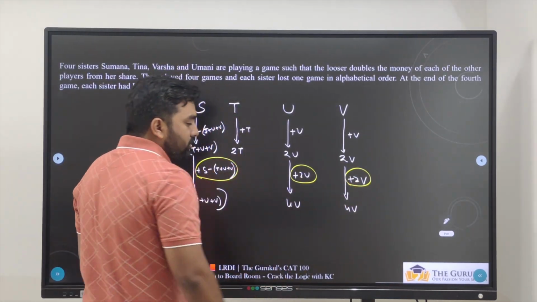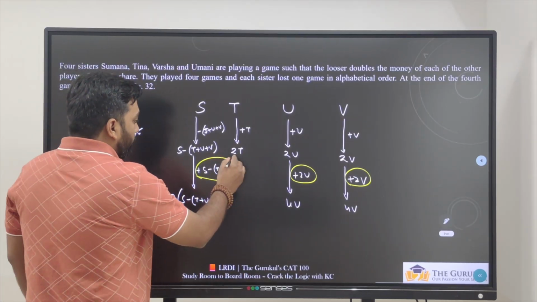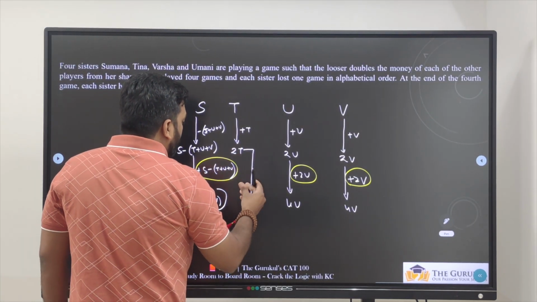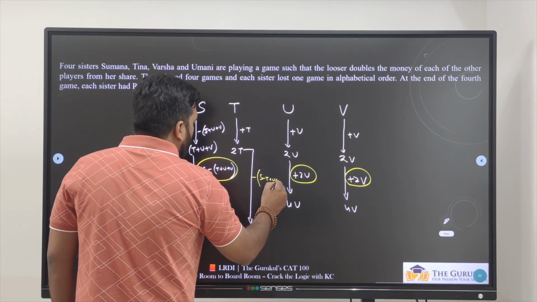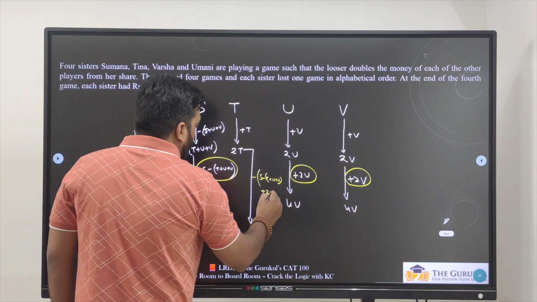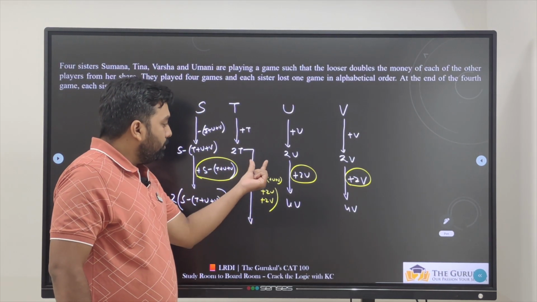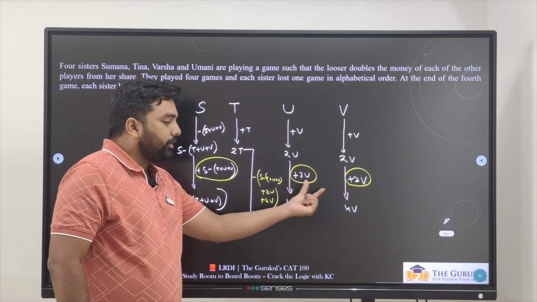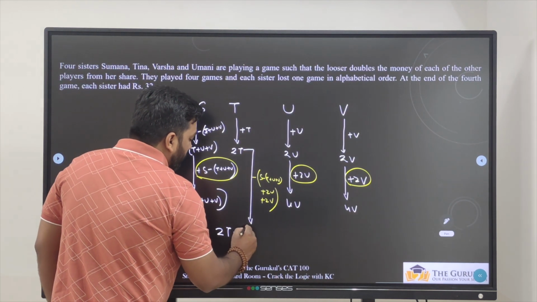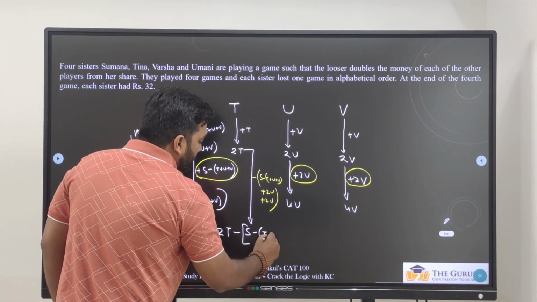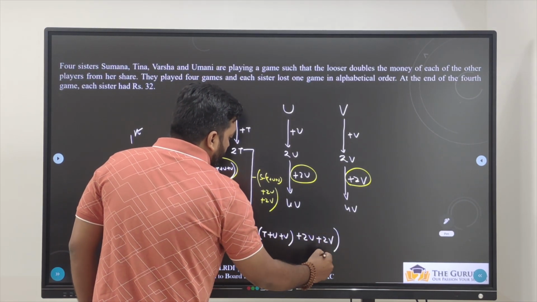All these extra amounts are taken from T and given to the other people. So T should have minus of the S minus (T plus U plus V) plus 2U plus 2V, because this total amount should be taken out and distributed to all the other people. Now the total amount left will be 2T minus of S minus (T plus U plus V) plus 2U plus 2V.